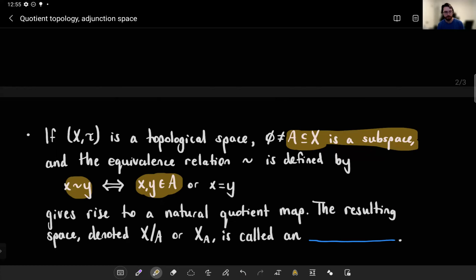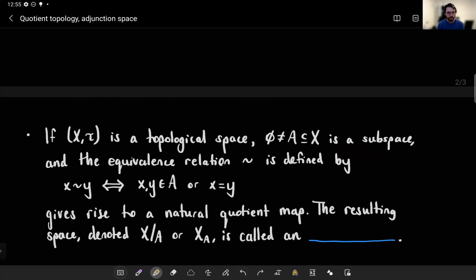Remember, identifying means either gluing or just thinking of them as the same thing. So what we have here is a fairly nice equivalence relation. I have to give this as a condition because every point needs to be related to itself to be reflexive, but fairly simple equivalence relation.